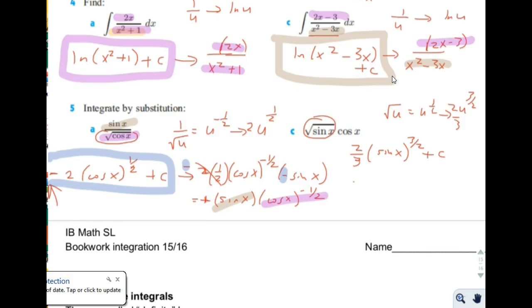And then to test that out, we're going to take the derivative of it. So we'll have 2/3 times 3/2, those are going to cancel out, times the sine of x to the 1/2. And then we'll take the chain rule. It's going to be cosine of x, and then the plus c just disappears, right? And then these cancel out, we get 1.